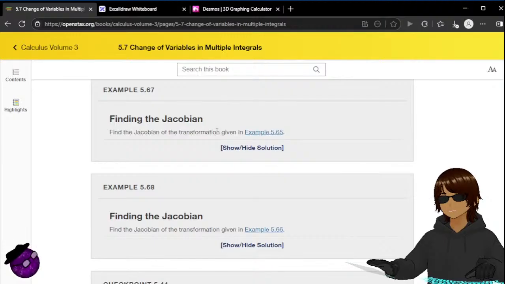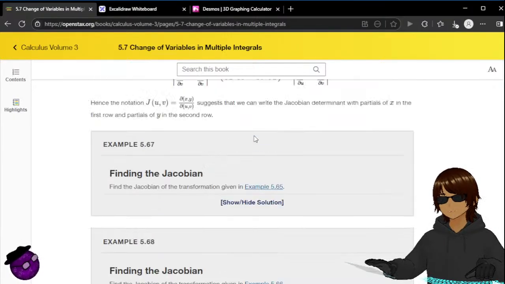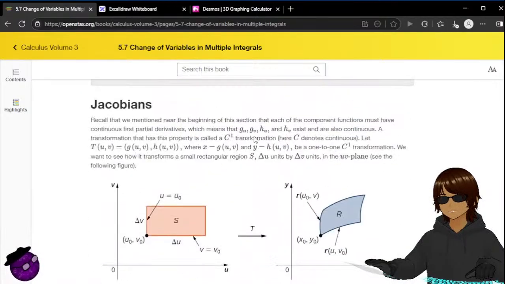Find the Jacobian of the transformation given in example 5.6.5.